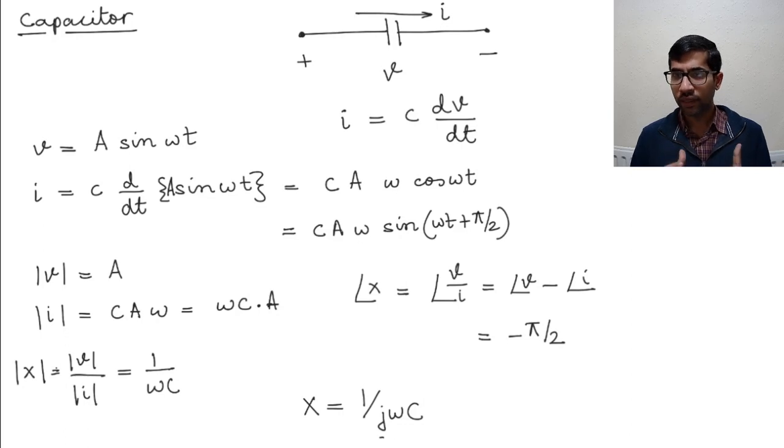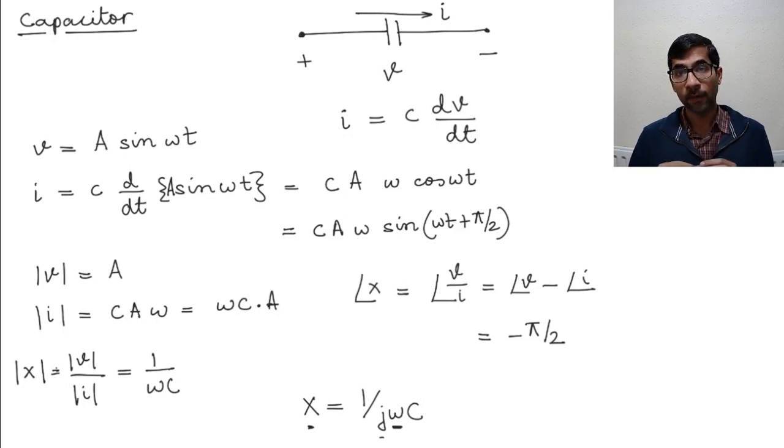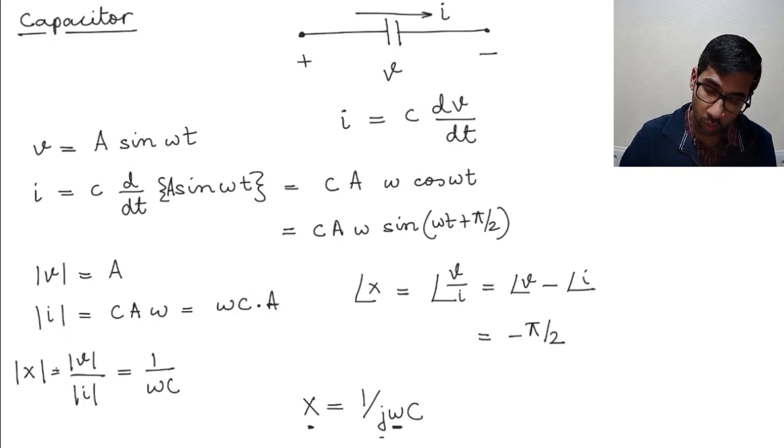So that kind of helps you to see how a capacitor behaves. So when omega is very small, let's say it's zero, then what is the value of x? It becomes infinite. And if x becomes infinite, what is the current flowing through a capacitor? It's zero, right? Because the voltage is not changing, the current is zero. And that's exactly what this equation also tells us.